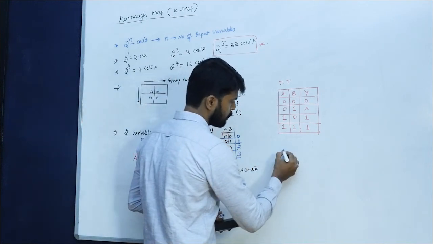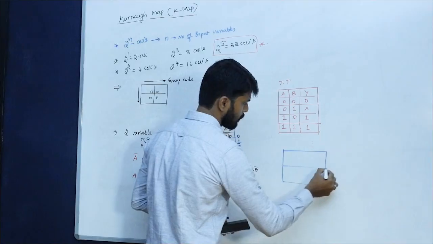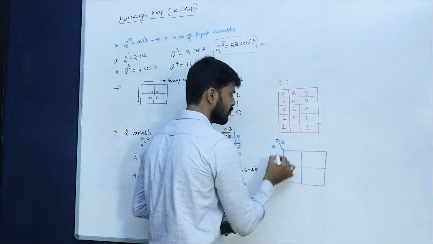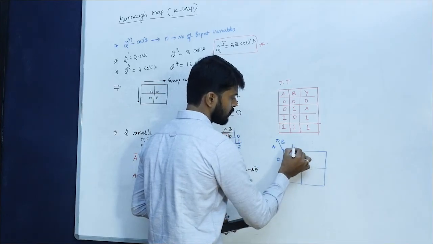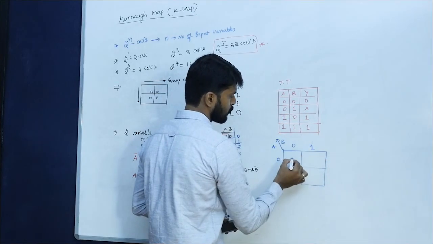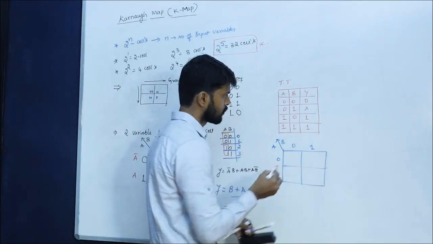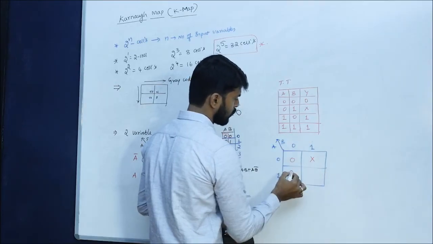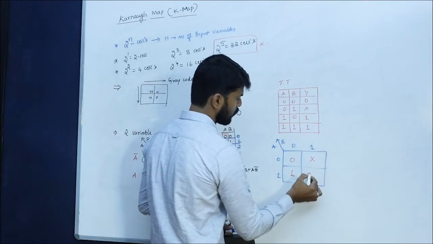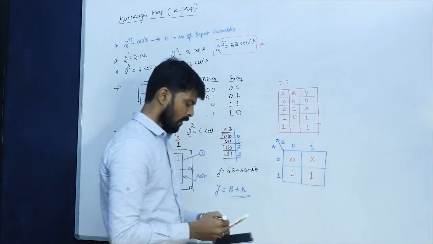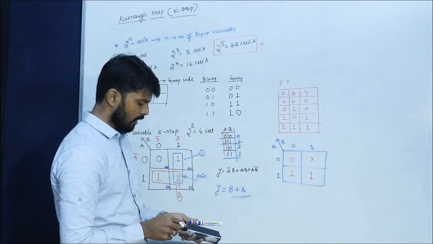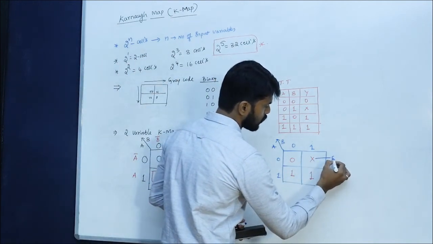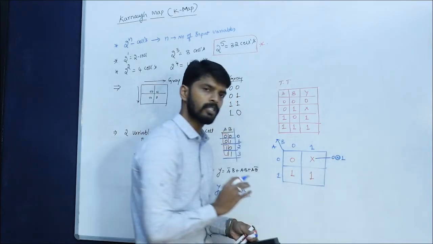First I will place the K-map, a 4-cell K-map. In this K-map I will take A and B, with 0, 1 and 0, 1. For the 0, 0 combination, this is 0. For the 0, 1 combination, this is the don't care. For the next combination, this is 1, and for the last combination, this is 1. In this scenario, we can consider this don't care as either 0 or 1 according to the situation.